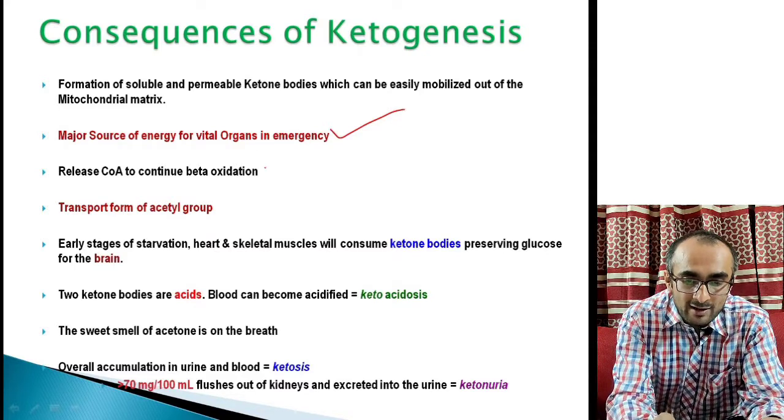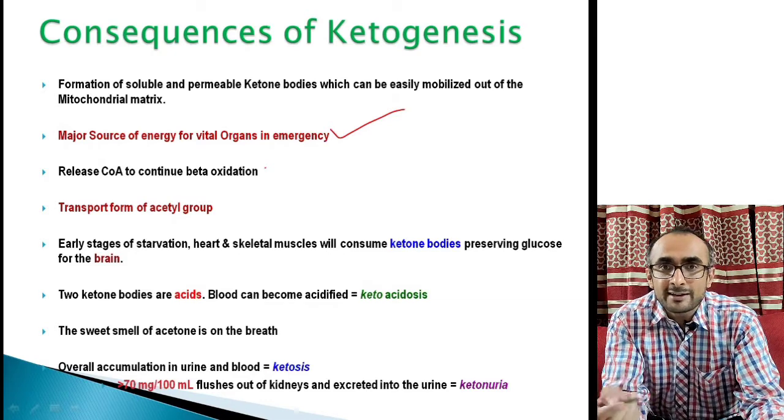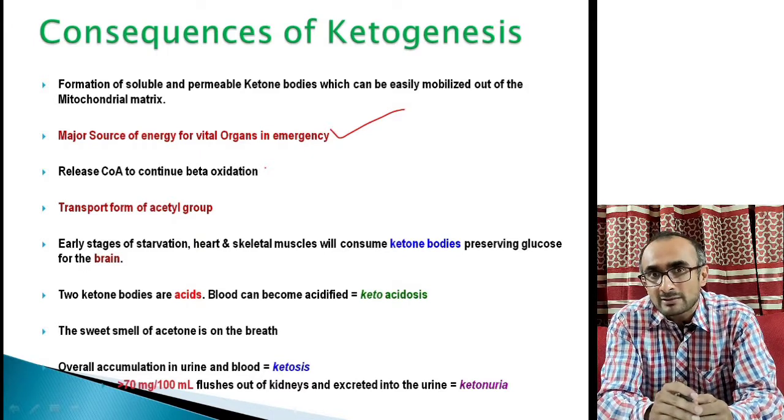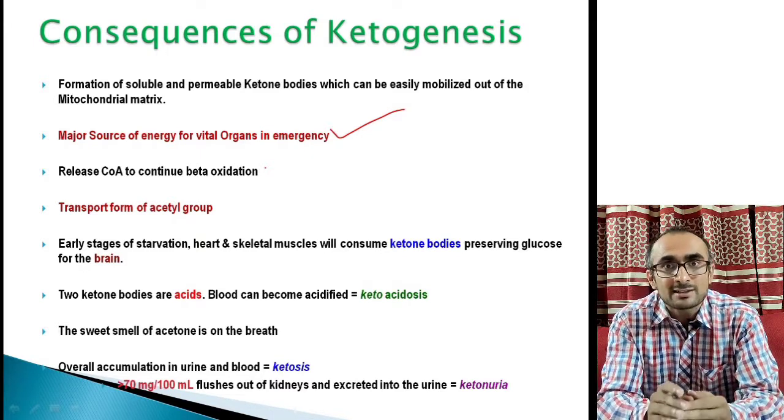And when there is a high concentration of acetyl coenzyme A in mitochondria, coenzyme A concentration is decreased in the mitochondrial matrix, so beta oxidation cannot continue.